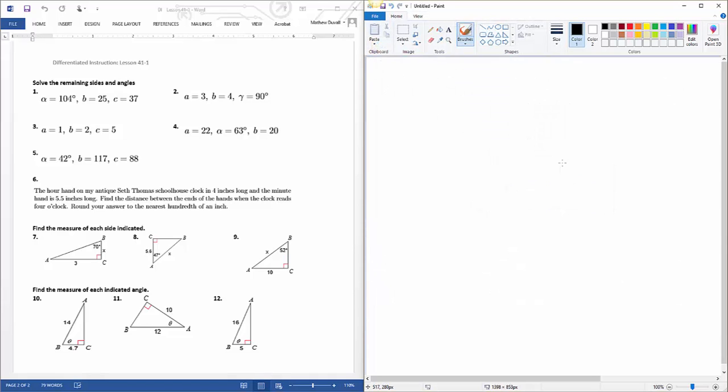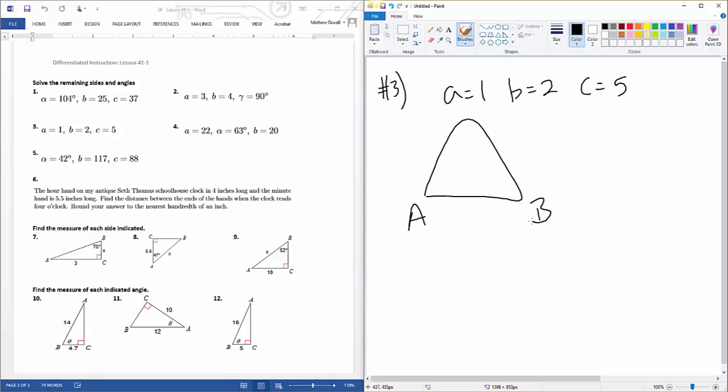Let's look at number 3. So for number 3, I have A equals 1, B equals 2, C equals 5. So in my triangle, we already know that this is going to be side, side, side. So that's still the law of cosines.